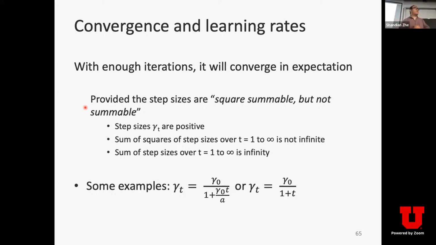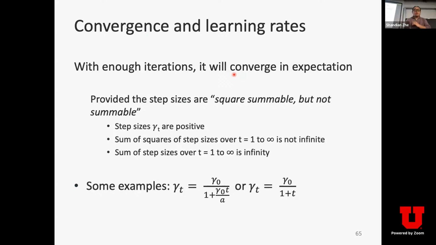Here is the theorem. If the step sizes, namely the gamma t's, are square summable but not summable, then in theory, with enough iterations, stochastic gradient descent will converge in expectation, meaning with probability 1, or almost surely.